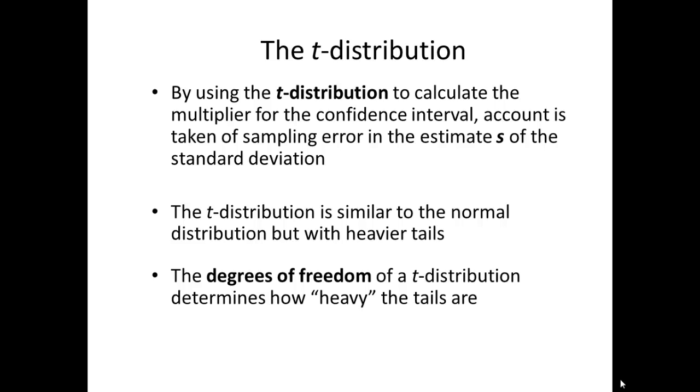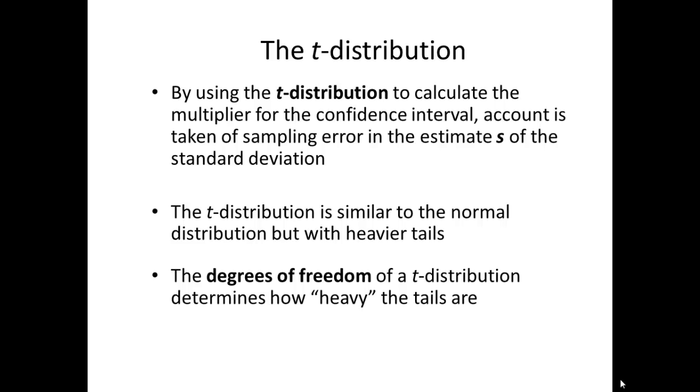There are lots of t-distributions, not just one like the normal distribution, and the precise form or shape of the t-distribution is determined by something called the degrees of freedom. This is basically the amount of independent information in the sample and is used to construct the probability distribution.